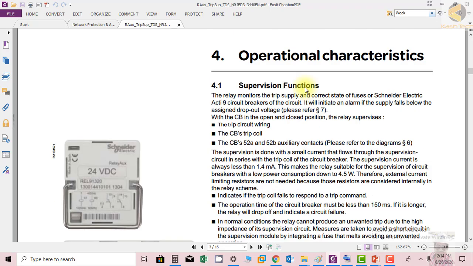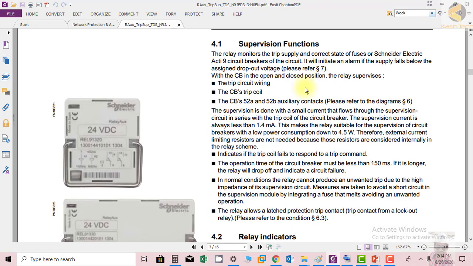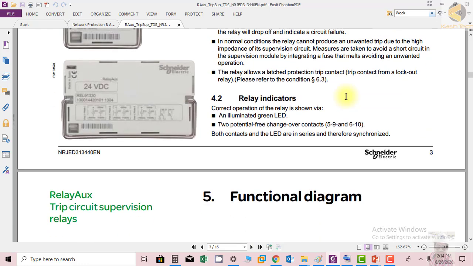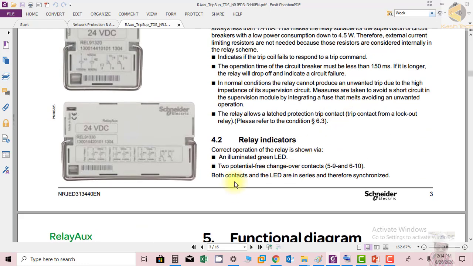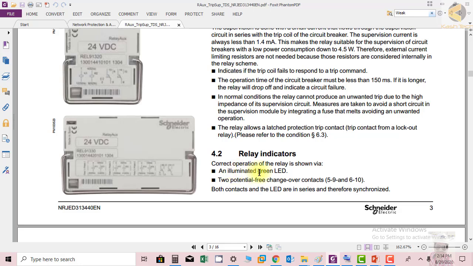So here you can see supervision functions, the trip circuit wiring, CB trip coil, the CB 52A and 52B auxiliary contacts. So we will see the relay indication. An illuminated green light shows correct operation of the relay. Two potential free changeover contacts.